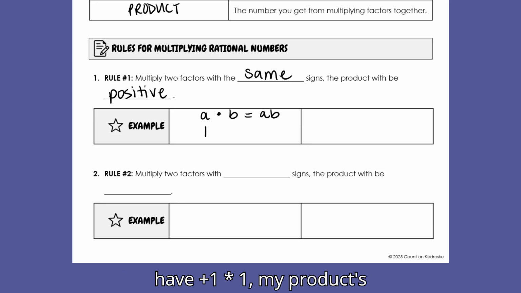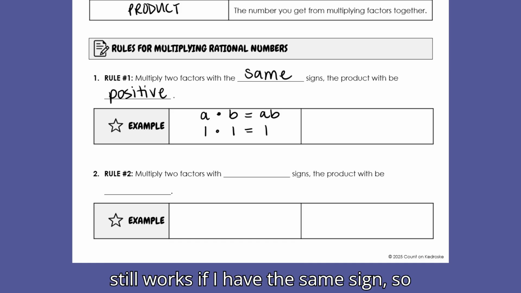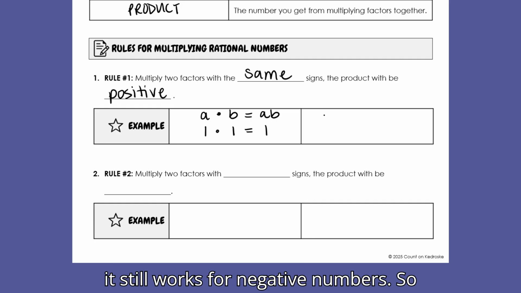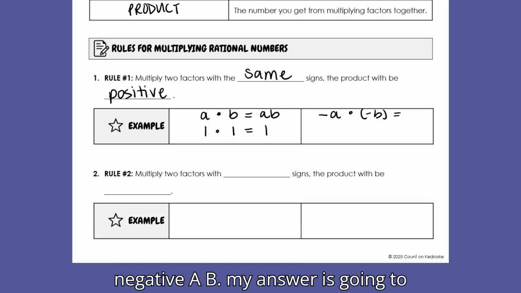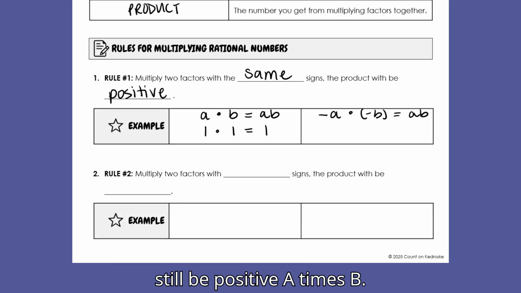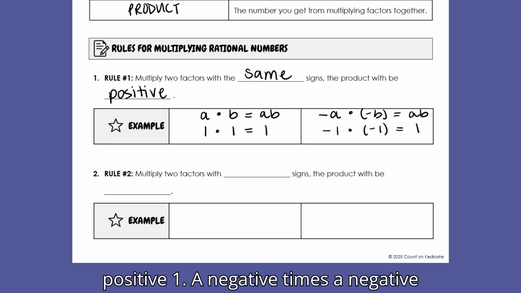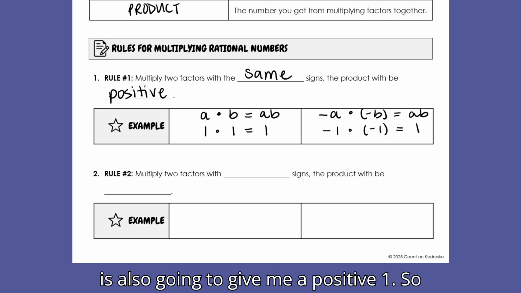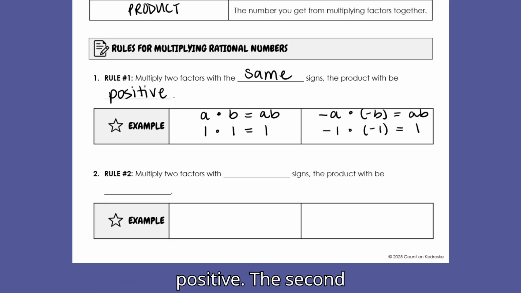If I have positive 1 times positive 1, my product is also going to be positive 1. That still works for negative numbers. If I have negative A times negative B, my answer is still going to be positive A times B. So negative 1 times negative 1 gives me a positive 1. Whenever I'm multiplying two factors with the same sign, the product will be positive.